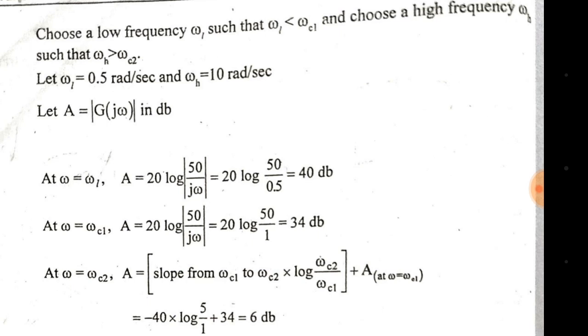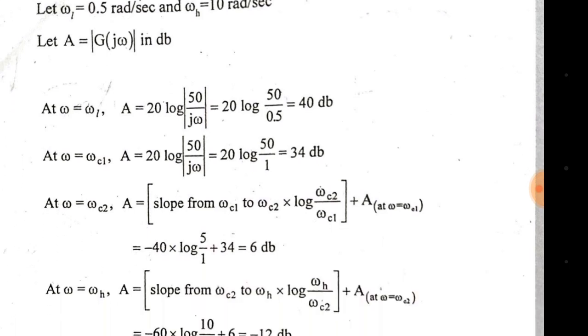Now we want to find the gain in order to plot the magnitude part of the Bode plot. At omega equal to omega L, gain is equal to 20 log of the first term, 50 by j omega, and omega here is 0.5 radians per second. So gain is 20 log of 50 by 0.5, that is 40 dB.